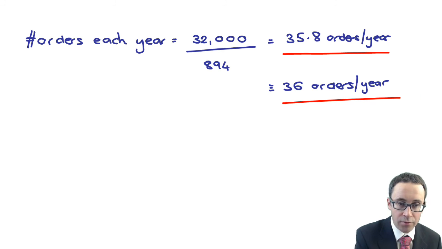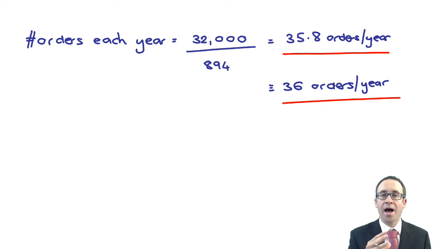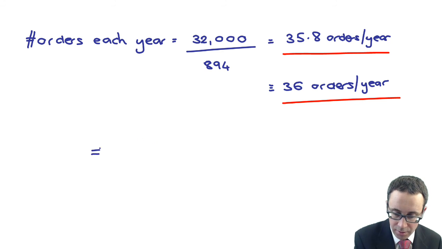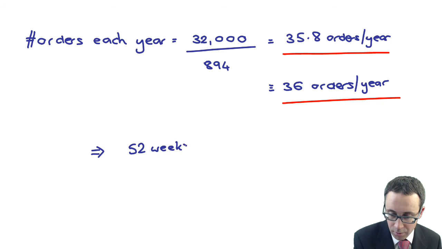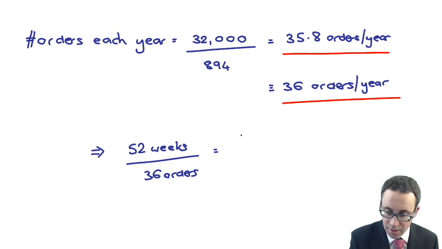If you want, you can then work out how often you need to purchase your inventory. Given that there are 52 weeks in a year, if you make 36 orders in the year, 52 divided by 36 is 1.44 weeks.